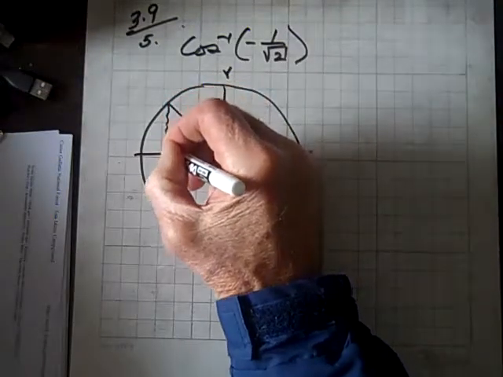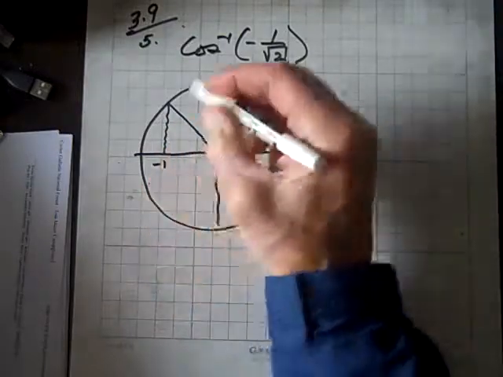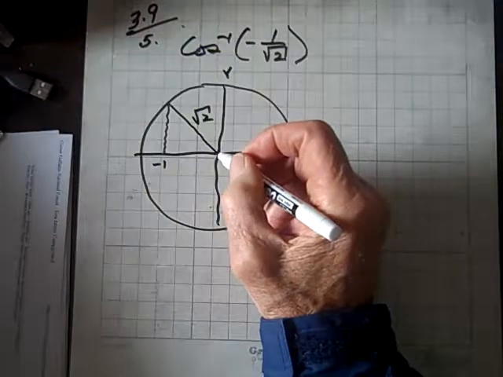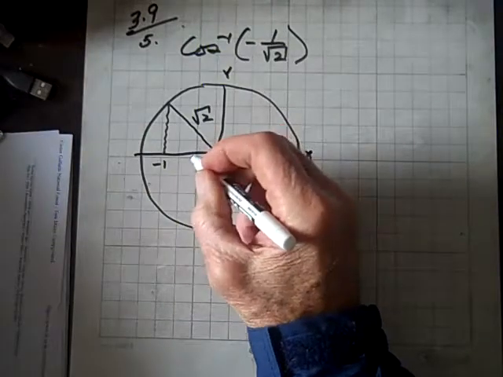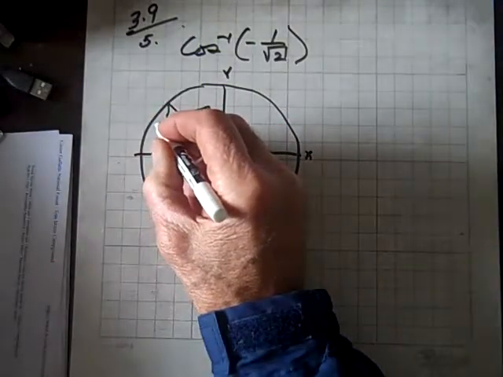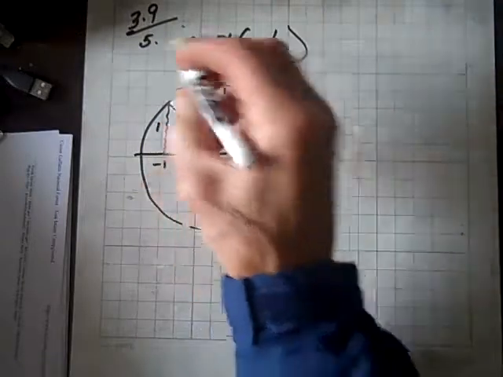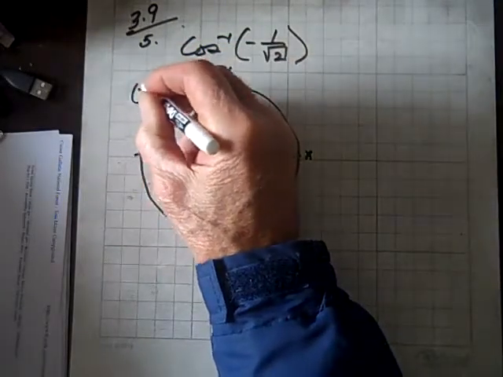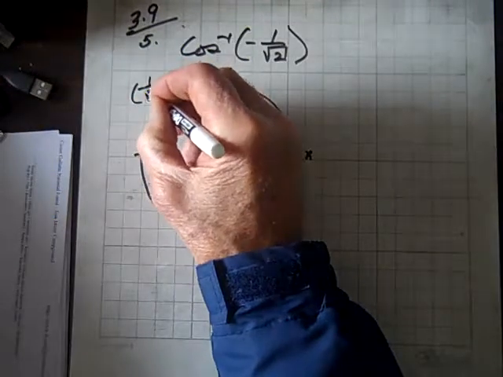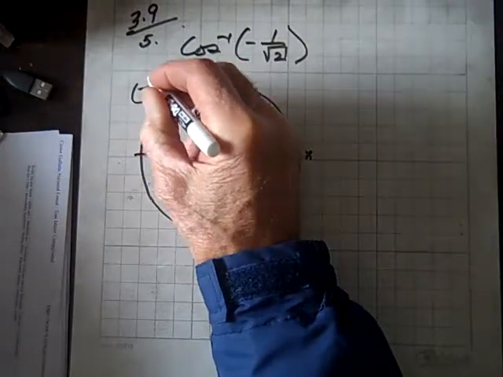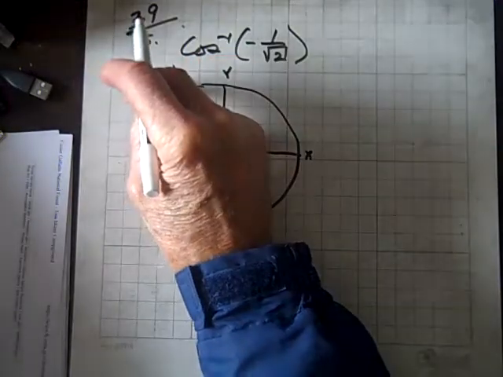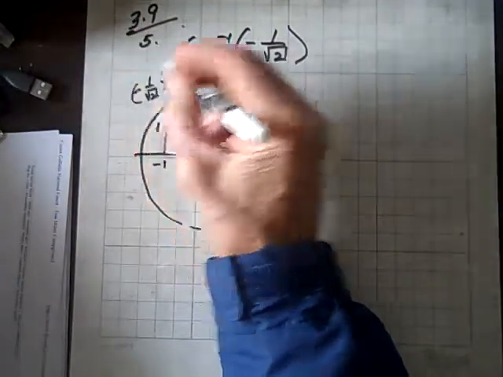So this is -1 here. This is √2. And if we use the Pythagorean theorem, we'll also get a value of 1 here. So the coordinates of this point are -1 over √2 and 1 over √2, negative.